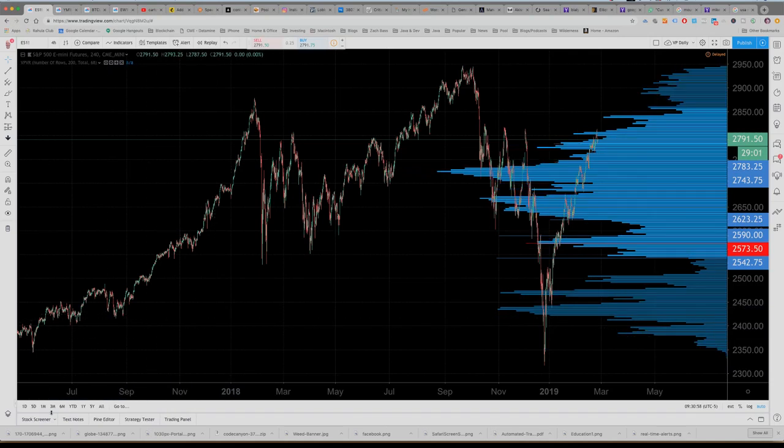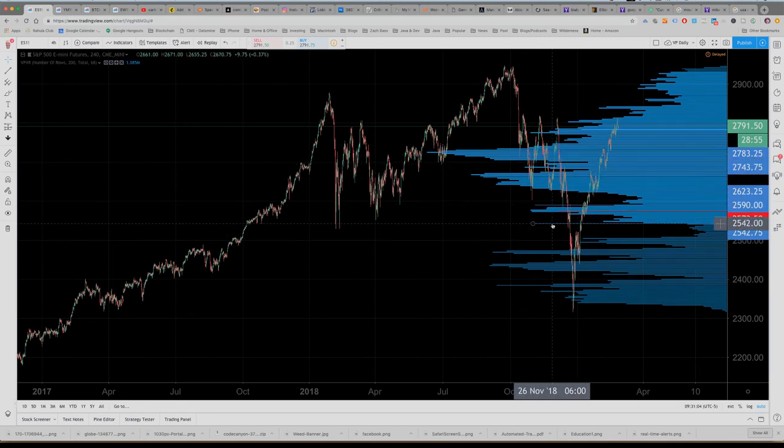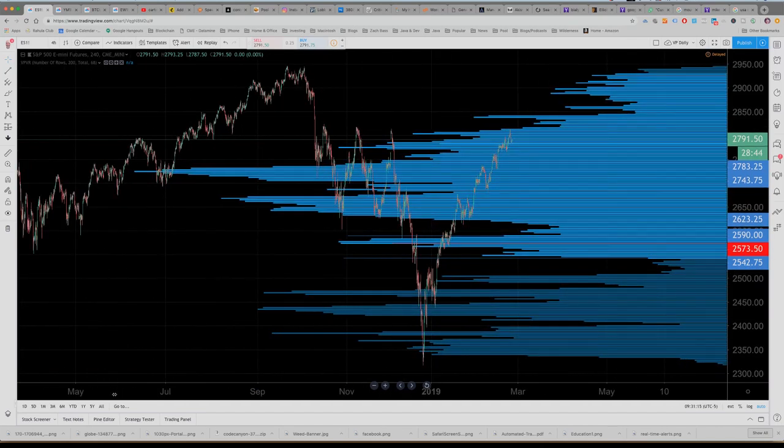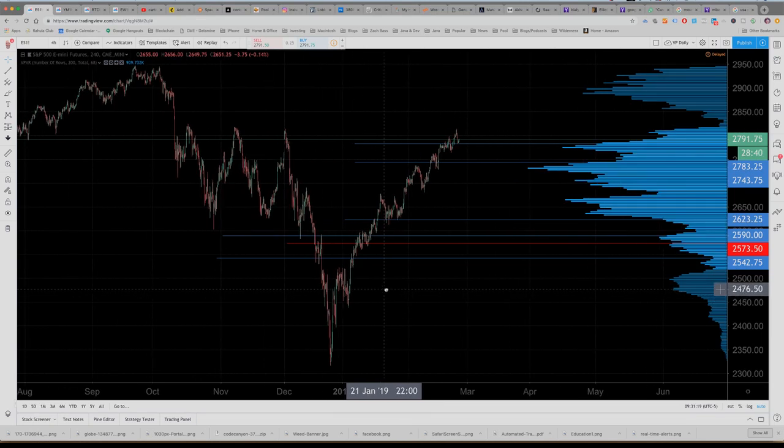That's because I'm adding more information. As I add more information, these different value nodes and volume wells start becoming more apparent, and I can start picking those off. All right. As I zoom in, I'm getting a little bit different look.